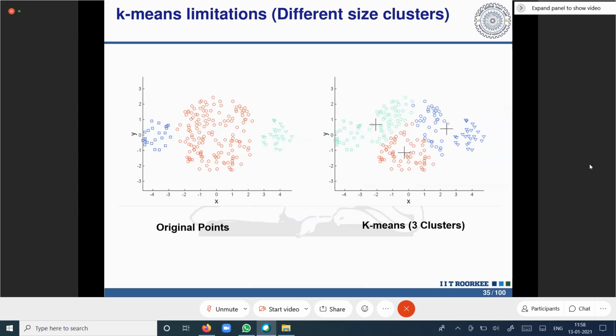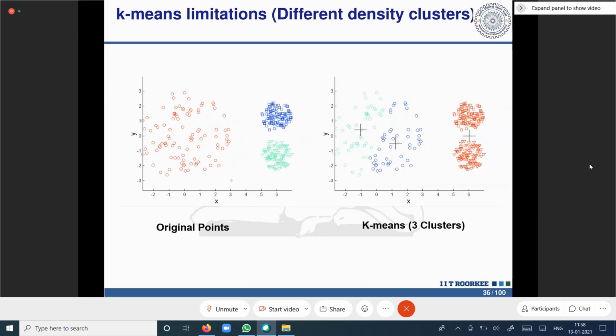This belongs to the first case, when the sizes of the clusters are different. This is small, this is very big, this again is small. If you apply k-means to it, this is the type of cluster that you will get, which is not at all representative of the original cluster structure.